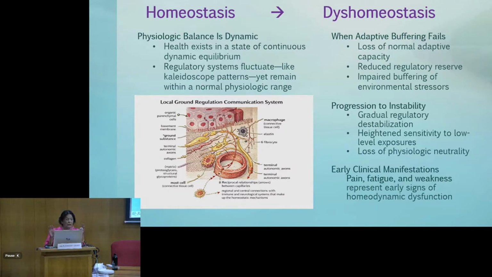So these are mainly three manifestations that we look for. Does this patient have pain? Does this patient have fatigue? Does this patient have weakness? And it can be a mental fatigue. It doesn't have to be a physical fatigue. Or it may be a fatigue in any of their biochemical processes.